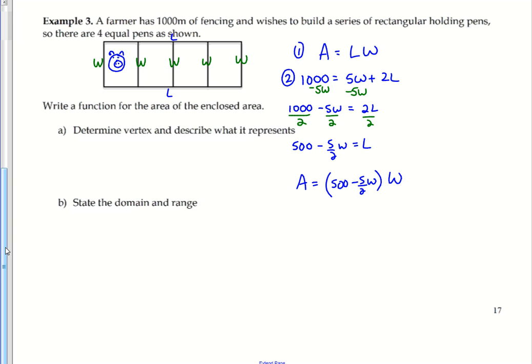Okay, distribute the W, and there's our formula. 500W minus 5 over 2W squared.